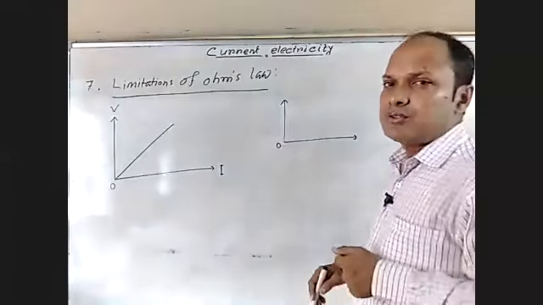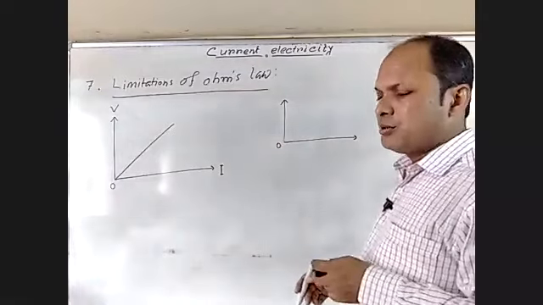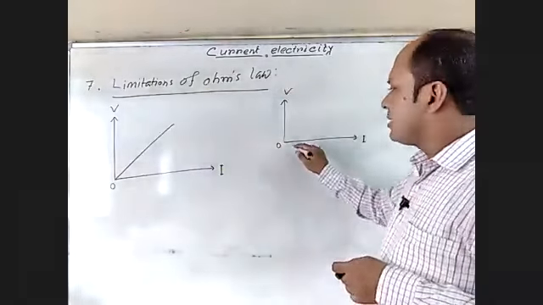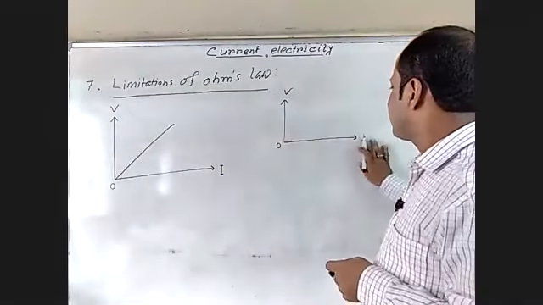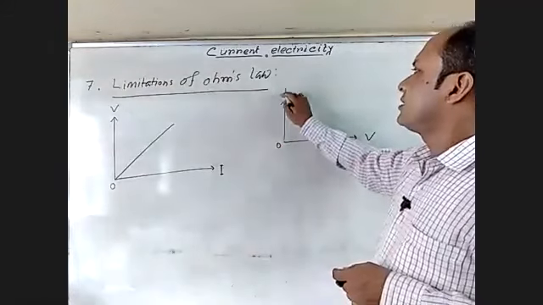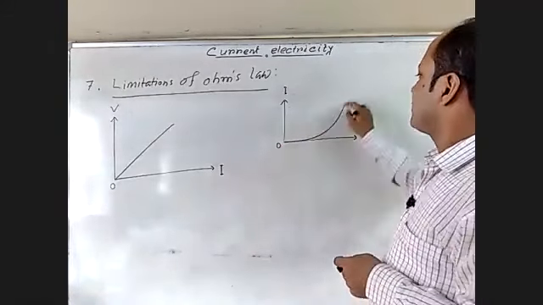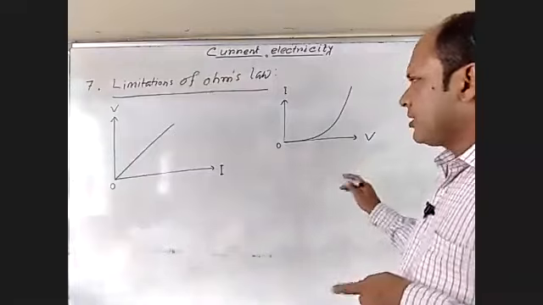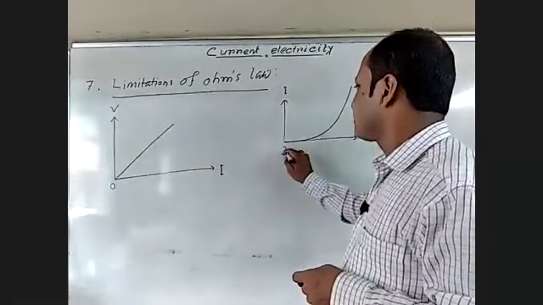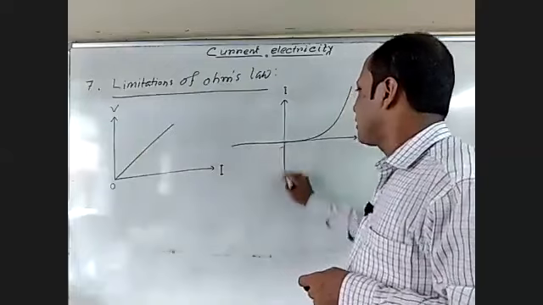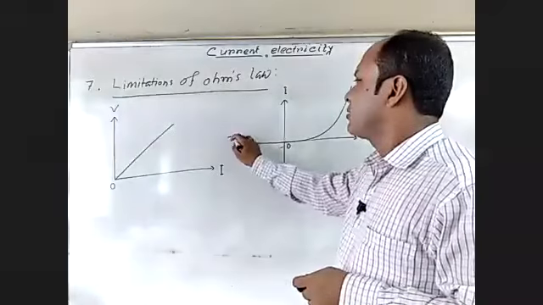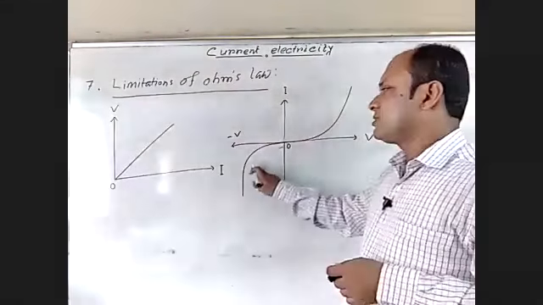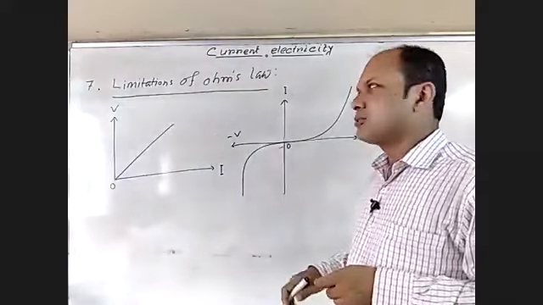We'll try to do it if the school is open in the coming days. In the case of a diode, the relation between the voltage and current is like this. So this is the voltage and this is the current. Sometimes it is observed to be like this also.